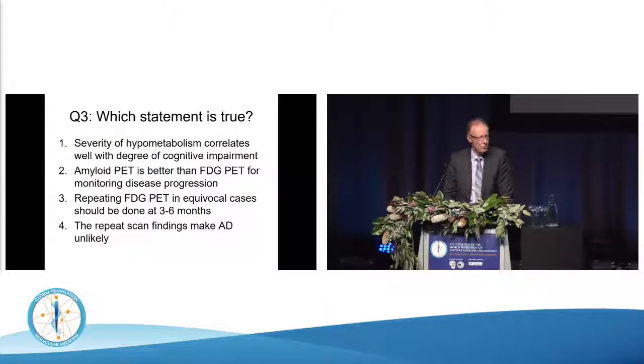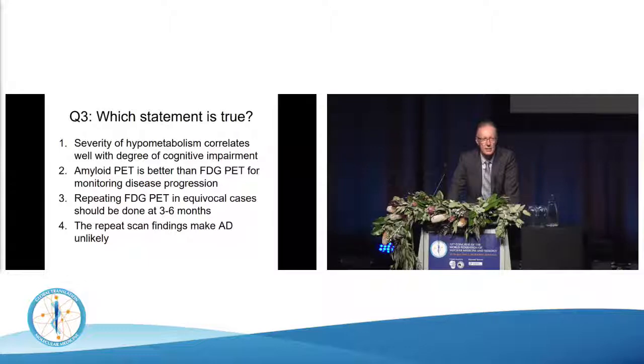Which statement is true? The severity of hypometabolism correlates with the degree of cognitive impairment. Who thinks that's true? Yes? Good, it does. Amyloid PET is better than FDG PET for monitoring disease progression. Who thinks that's true? Who thinks that's false? Correct. Amyloid accumulates so early and accumulates for 30 years.